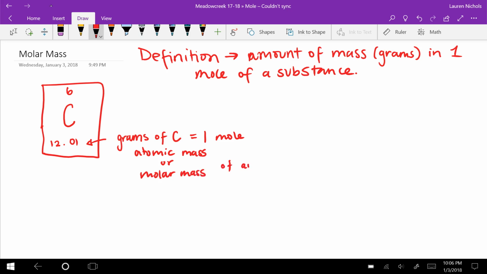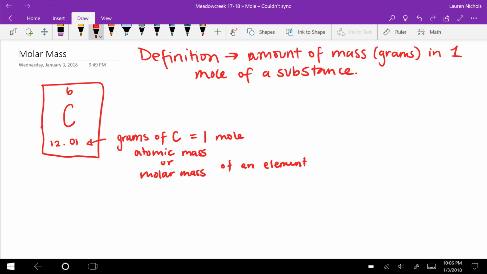Okay, so that's essentially the atomic mass or molar mass of an element. Now this is super important because if I ask you, what is the molar mass of 2 moles of carbon? You just take 12.01 and multiply it by 2. But what if we don't have elements? Because we know in our last several units before Christmas break, we were doing naming of ionic compounds and covalent compounds, and chemical reactions.